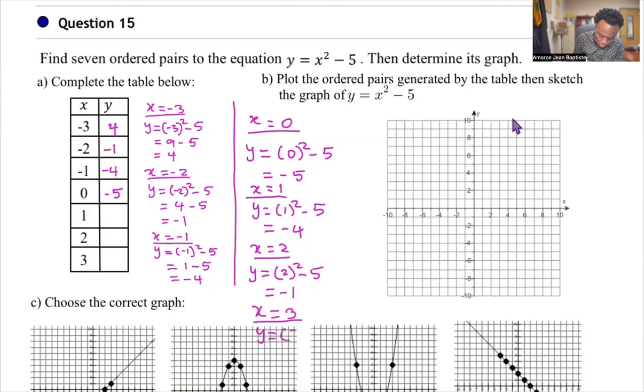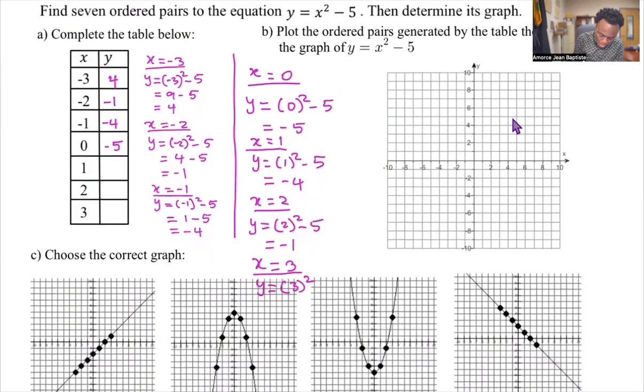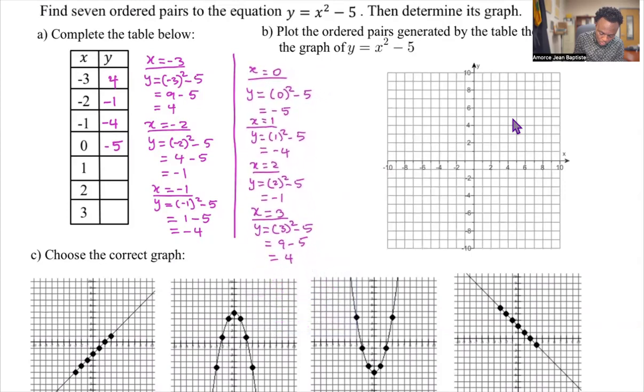Y equals 3 squared minus 5 equals 9 minus 5 equals 4. So we have for x equals 1, we have -4. X equals 2, -1, and then 4.